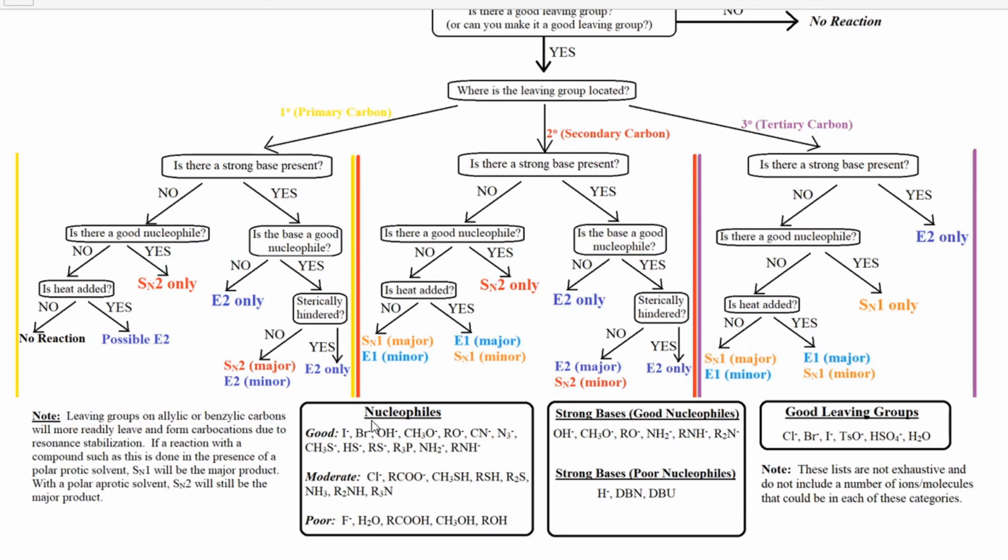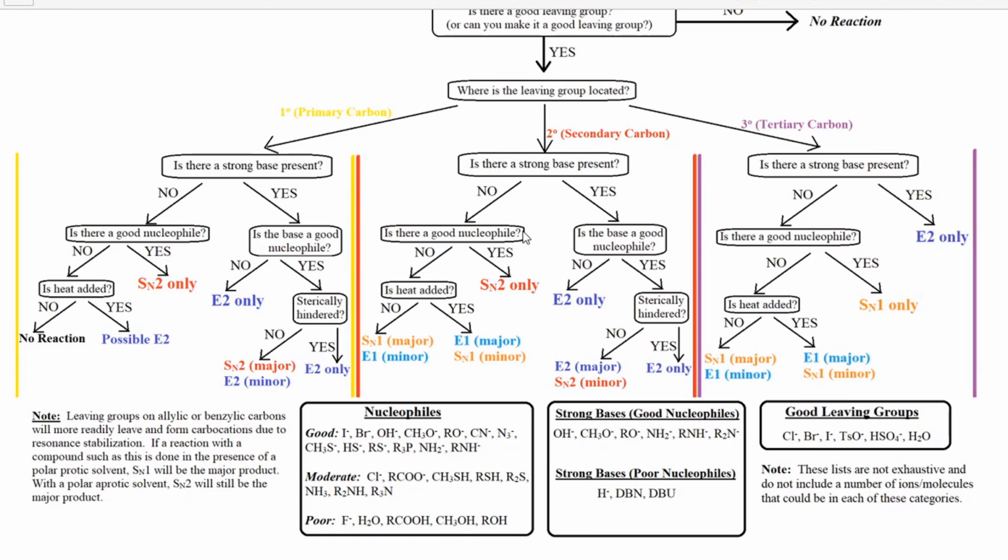It has a list of your strong nucleophiles, your good nucleophiles, your moderate nucleophiles, and your weak nucleophiles. It also has a list of strong bases that are good nucleophiles and strong bases that are poor nucleophiles. And then you will have your good leaving groups.